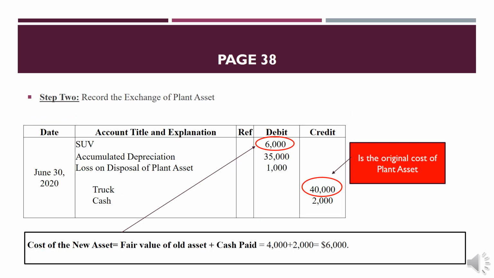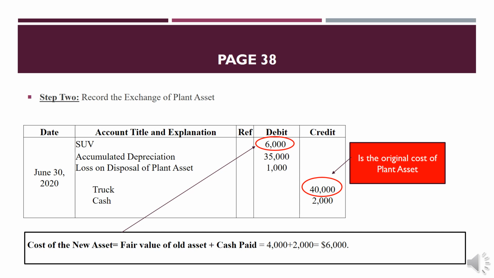And here we have the entry of the exchange of plant asset. The old truck is credited with its cost amount, which is $40,000. We debit the accumulated depreciation, and we need to calculate the value of the new truck. The value of the new truck is calculated by the fair value, which is $4,000, plus the cash amount paid, which is $2,000.